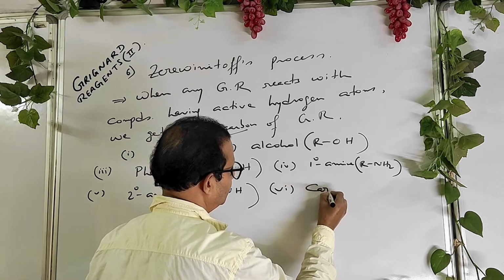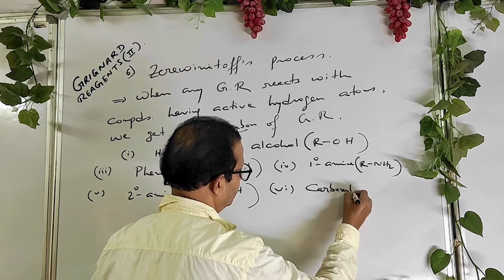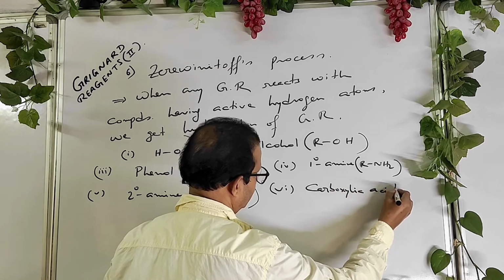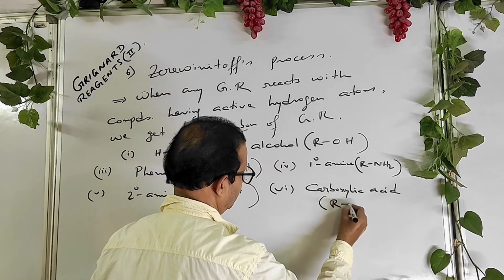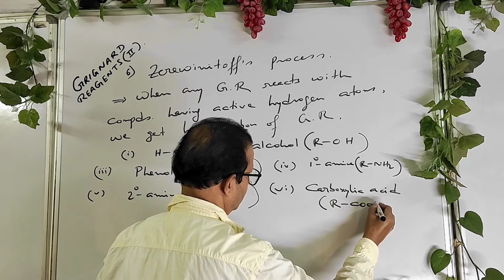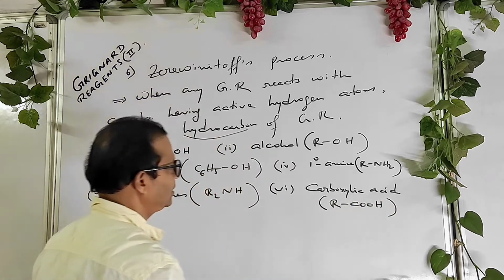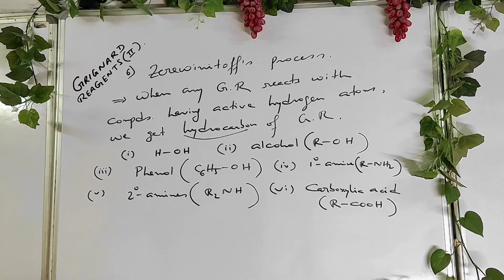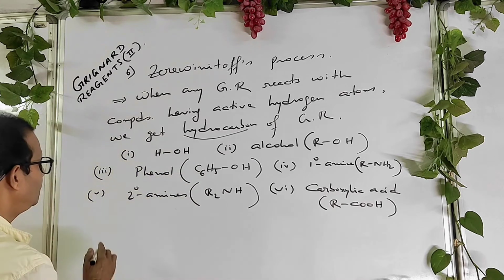Carboxylic acid contains active hydrogens. This type of compound contains active hydrogen atoms.